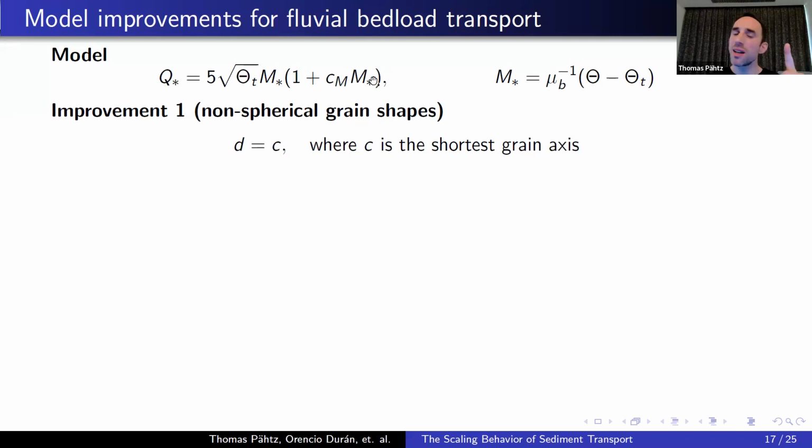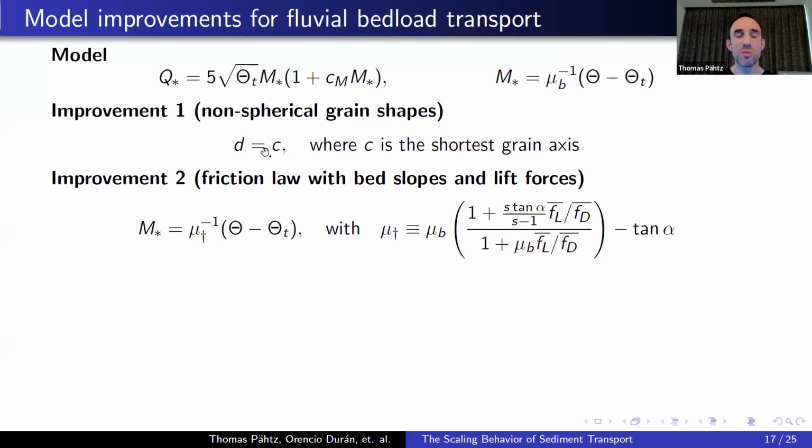Because particles in fluvial bedload tend to align their longest two axes parallel to the bed, we have to replace D, the grain diameter, by C, which is the shortest axis. And so all the non-dimensionalization done by D is now done by C. But then the logic behind these equations would be the same, and it should still be okay. That's improvement number one.